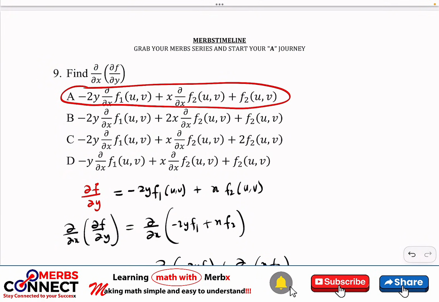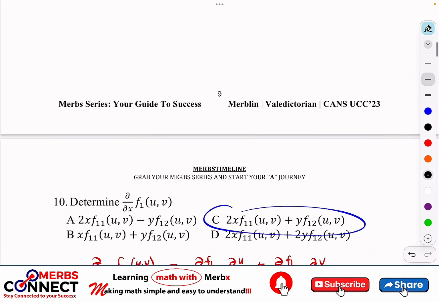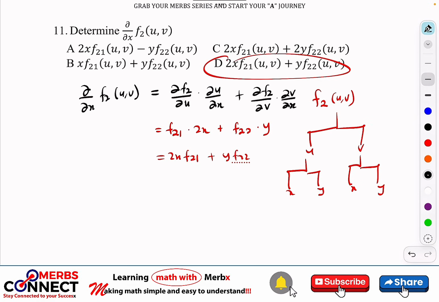Yes, this is the same as what we are doing, because this should be the same as this f with respect to x and y. So maybe that's not what the question is requesting us to do, because if that's what it's requesting us to do, we have already done this.